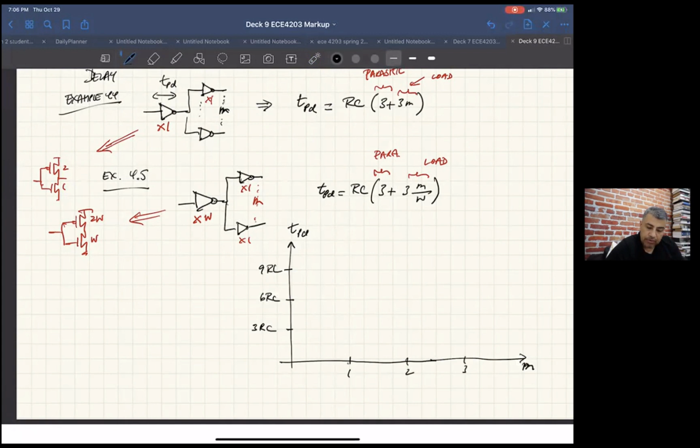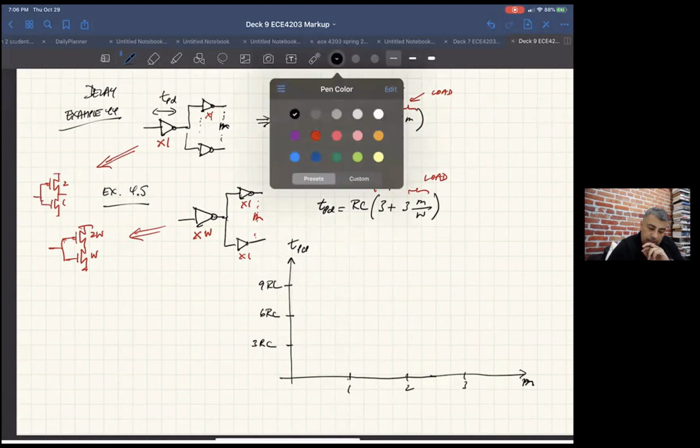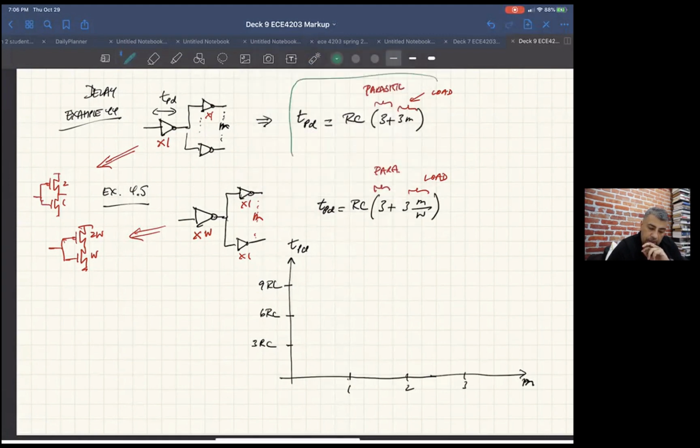Let's plot this guy in green. When M is 0, that means you're not driving anybody else, you're just driving yourself. So you're just seeing the parasitics, and you'll be here, at 3RC.